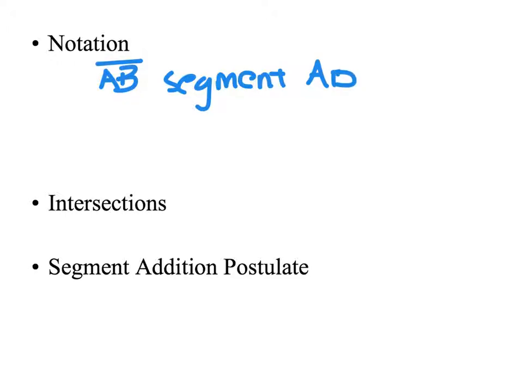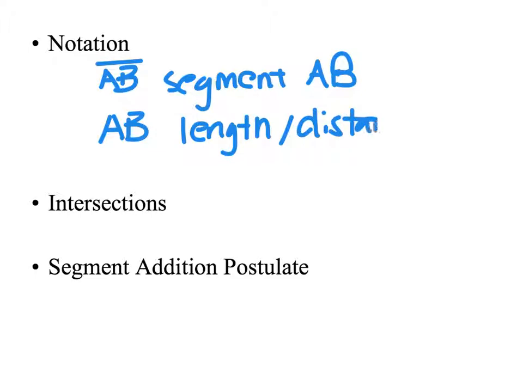If the AB is just by itself, that means the length or the distance of AB. If there's nothing above it, it's implying a distance. Distance is a number. It's a numerical answer.